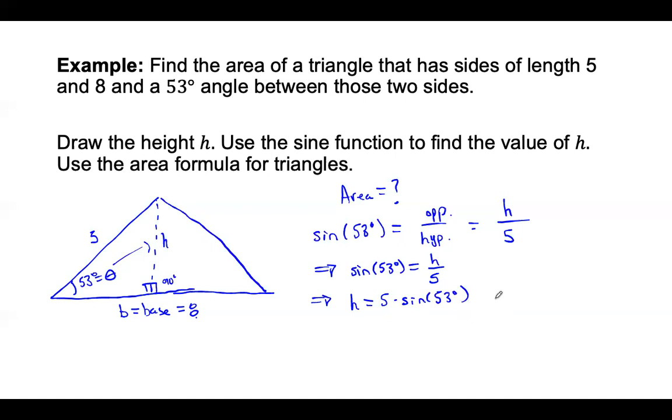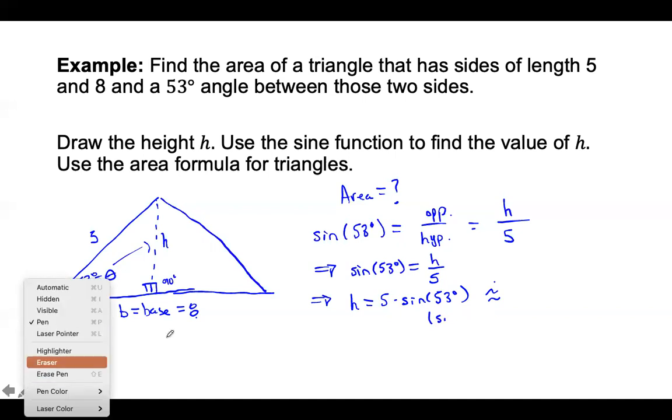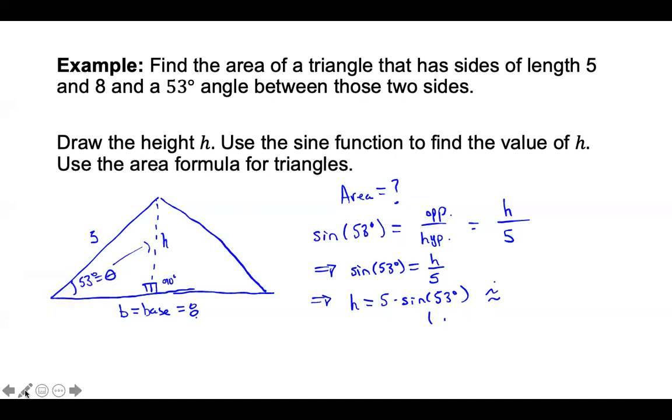We can then use a calculator. So 5 times, what is sine of 53 degrees? Like 0.8. So this is approximately equal to 4.